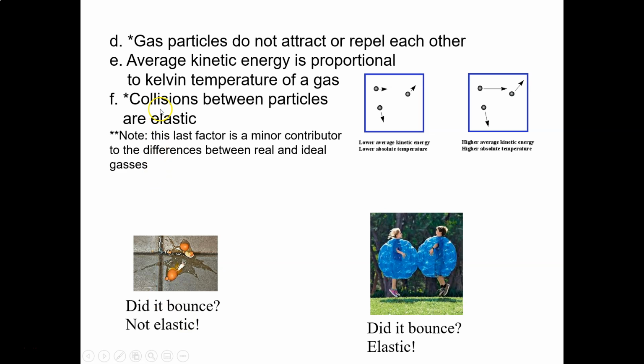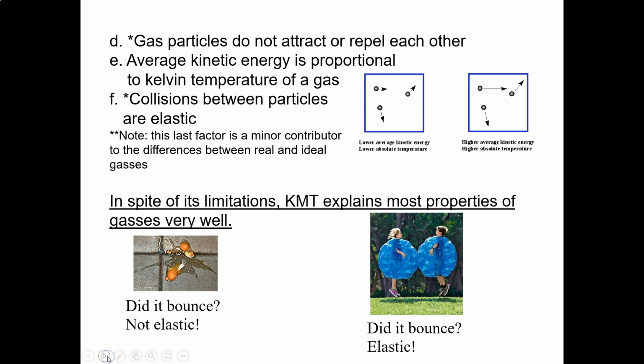So when these particles collide with one another, they bounce off of each other. Now, in spite of its limitations, the kinetic molecular theory explains most of the properties of gases very well. That's why we can still use the ideal gas law to explain and do calculations in most situations.